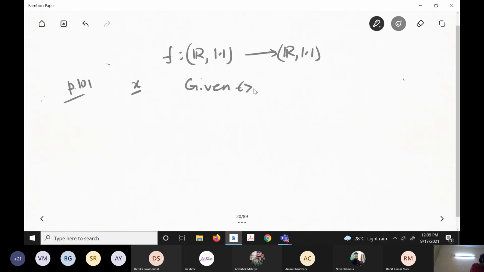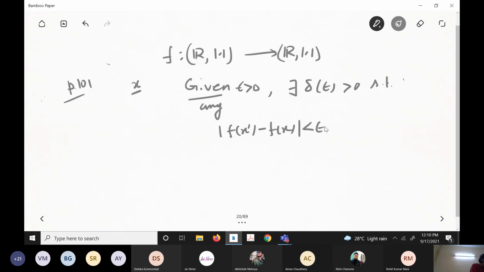Given epsilon, that means any epsilon, there exists delta, to denote that delta depends on epsilon, such that |f(x) - f(x prime)| is less than epsilon whenever the distance of x prime from x is less than delta. That means |x - x prime| less than delta implies this.